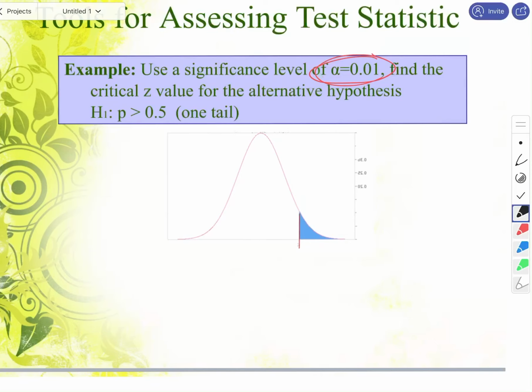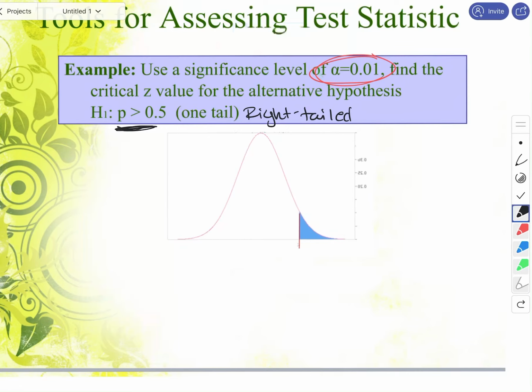A couple of things I want you to notice before we start this review example. The alternative hypothesis here is one-tailed, specifically a right-tailed test, because our p is greater than 0.5. So that's why you're seeing this region over here on the right.